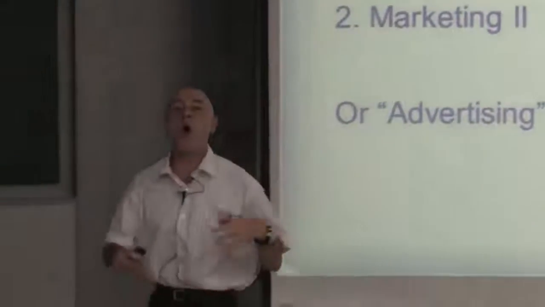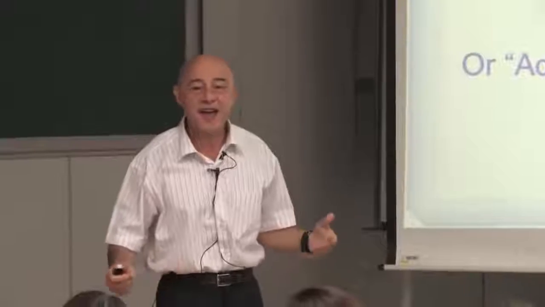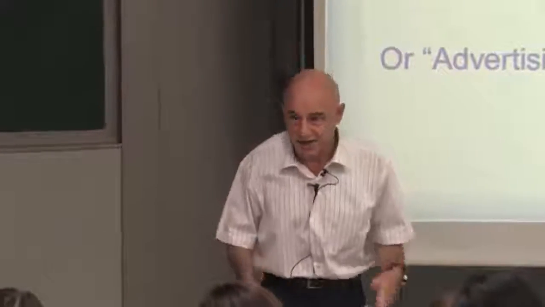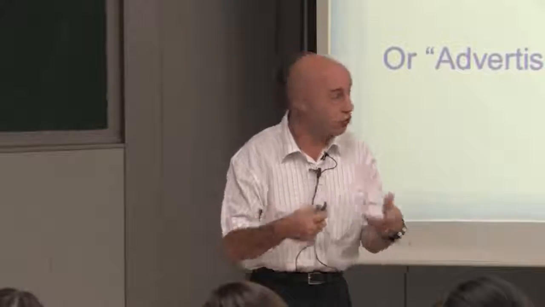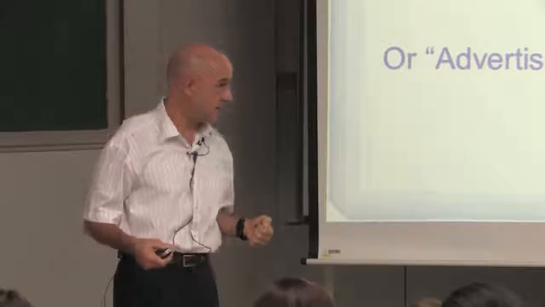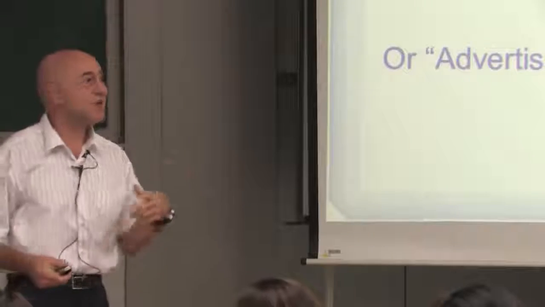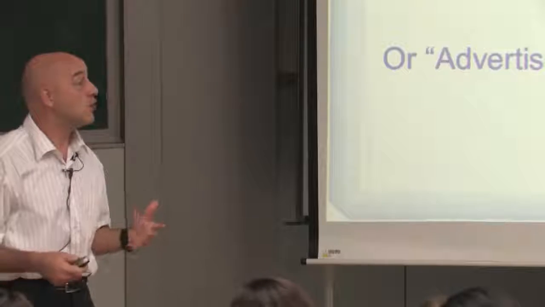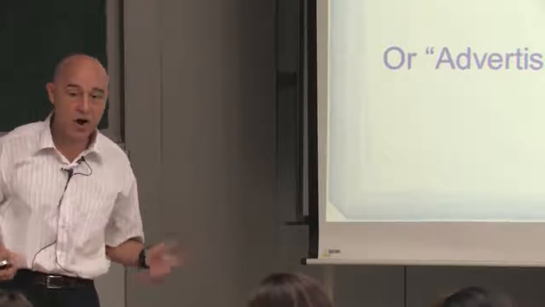And you learn all the tricks about advertising. Advertising is about making the customer like, want, and eventually buy your product. Again, it's about advertising campaigns and promotions and all the other things that will make the customer buy your product. So that's what marketing is about.